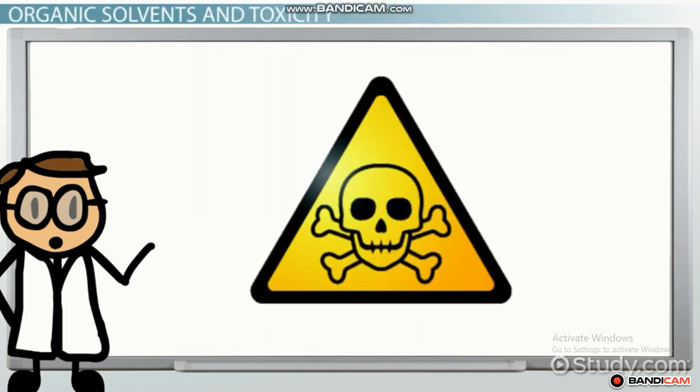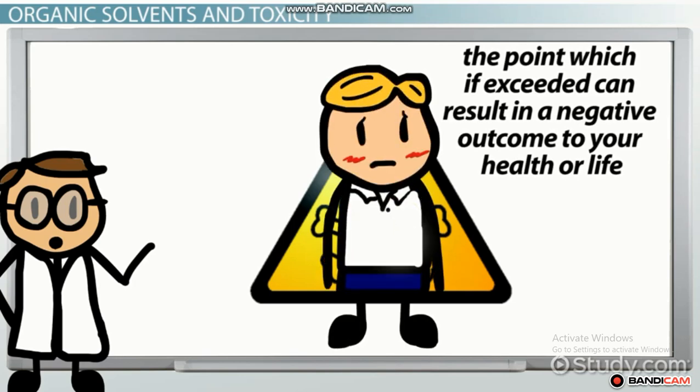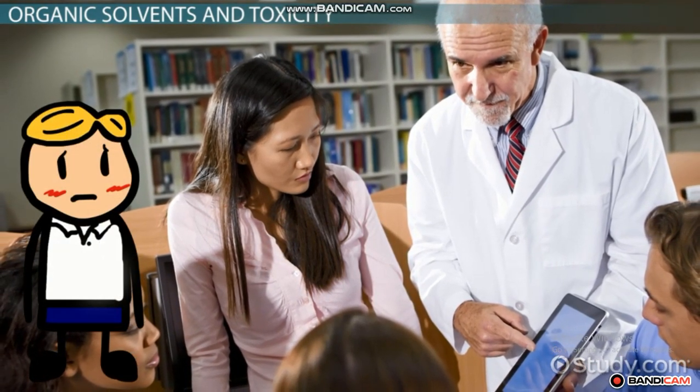It is important to address the toxicity of organic solvents if exposure at a certain threshold limit is exceeded. Think of a threshold limit as the point which, if exceeded, can result in a negative outcome to your health or life. Scientists and health professionals have worked diligently to educate everyone on the health risks associated with exposure to certain organic solvents.